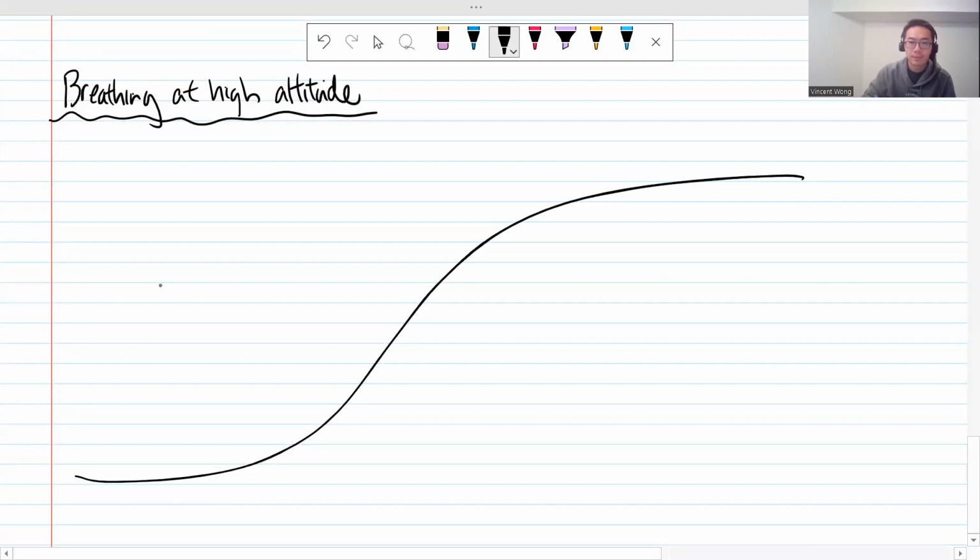So let's say like this. You are down here, let's say at sea level. And then this is up high in the mountains. Okay, this is high altitude.